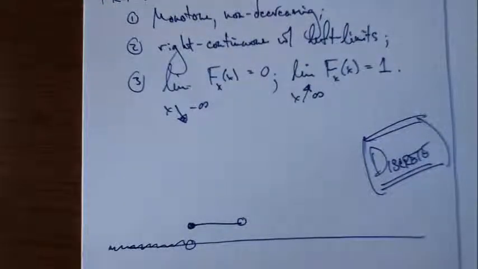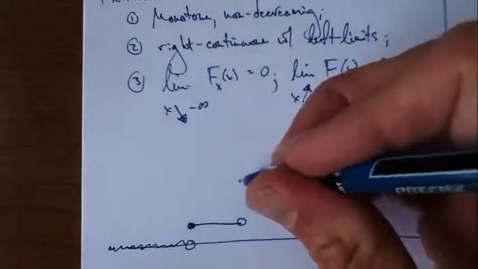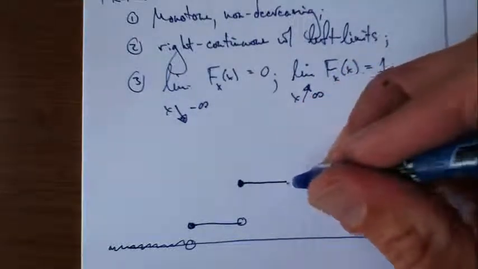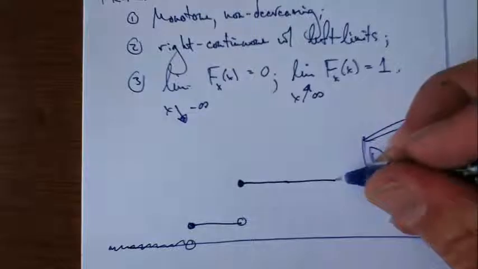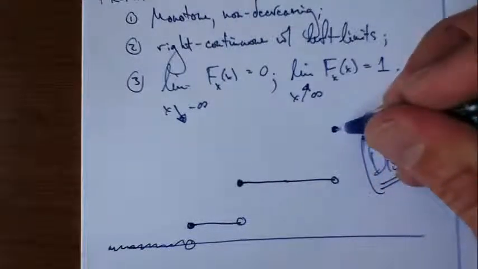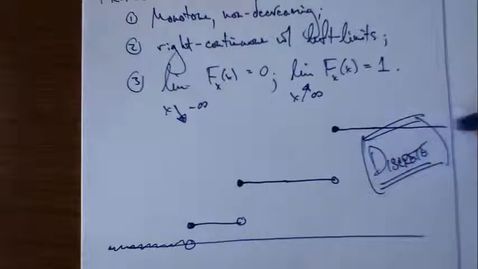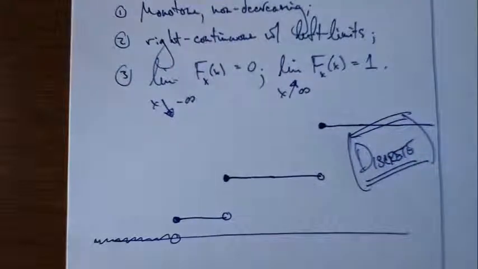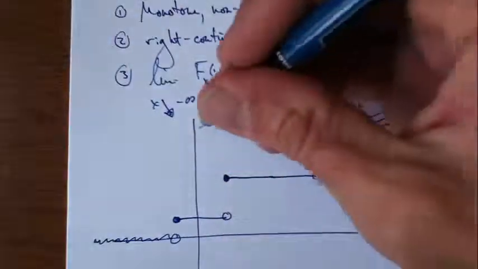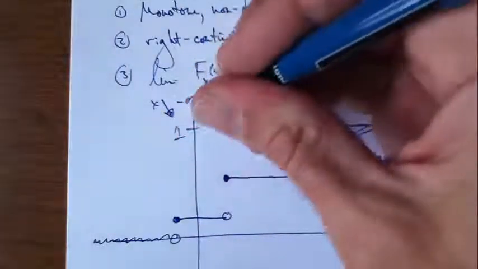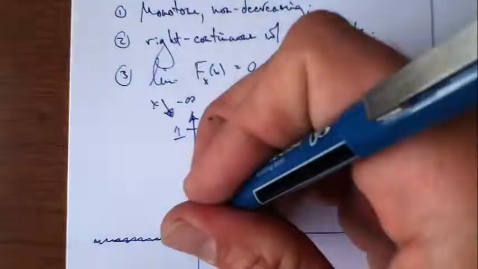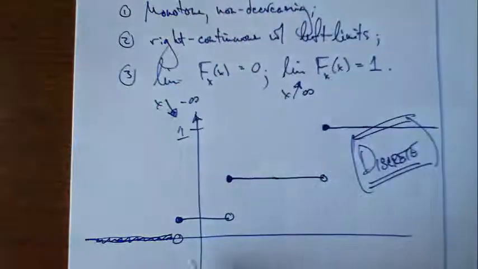All right, and then I'll go like this, and then like that. Maybe like that. Okay, and then maybe like this. Okay, and then on and on, right? Okay, and I'll drop a line like this, and I'm going to put a 1 right there. All right, this is a cumulative distribution function.